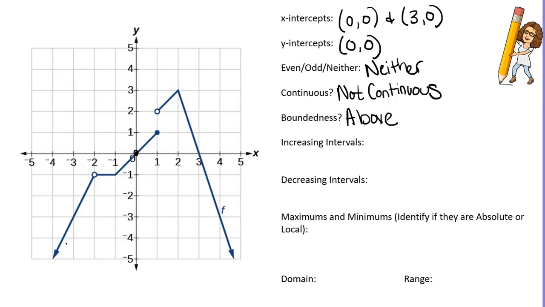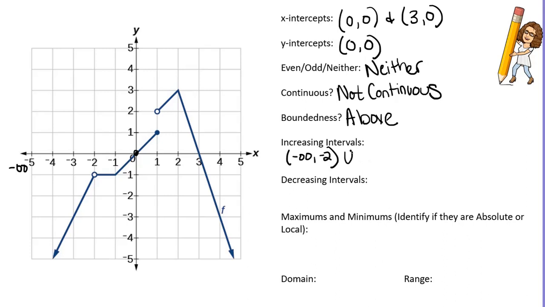Increasing interval. Well, I started at -infinity on the x values and I stopped increasing at -2, right? So -infinity to -2, I was increasing. Then we're constant for a little bit, but I did start increasing again from -1 to, what am I going to do with that jump? Well, technically I do have 1, right? But I still increase.